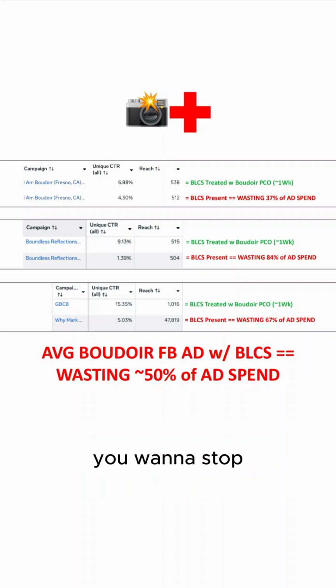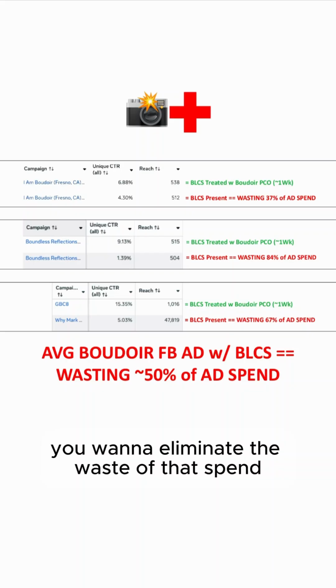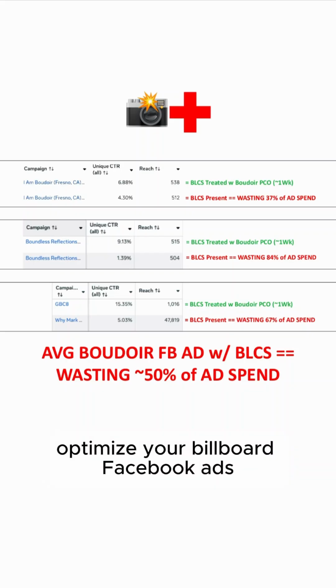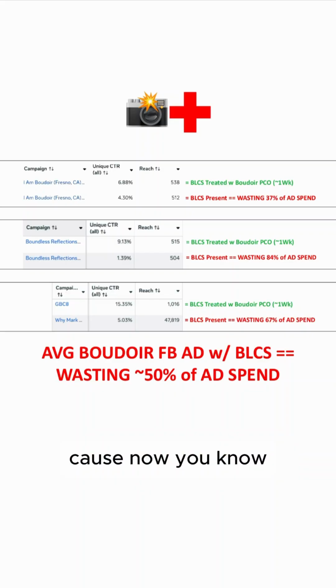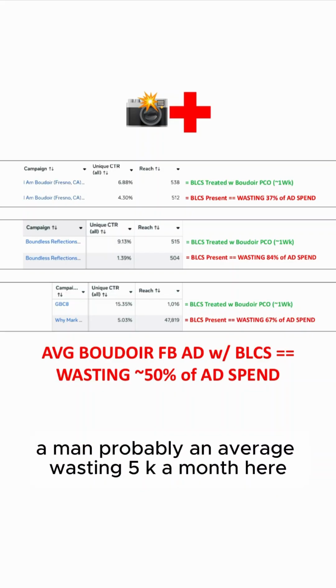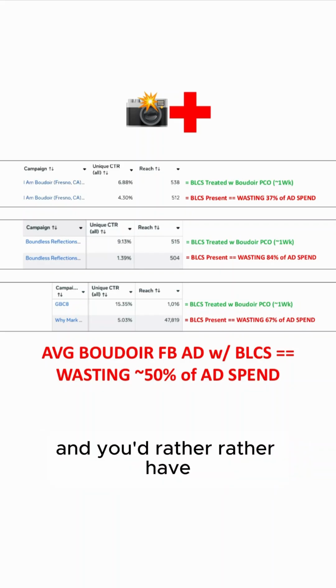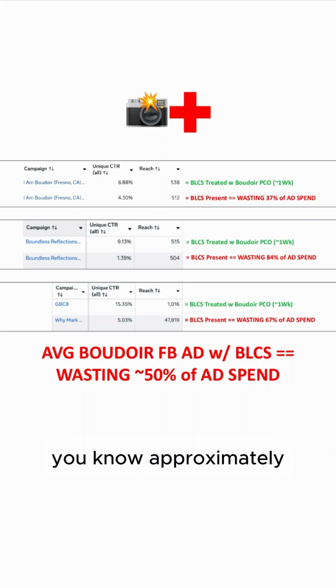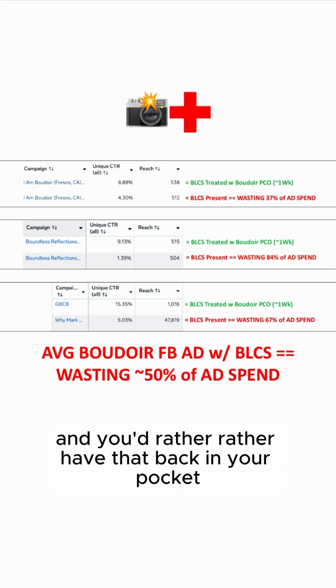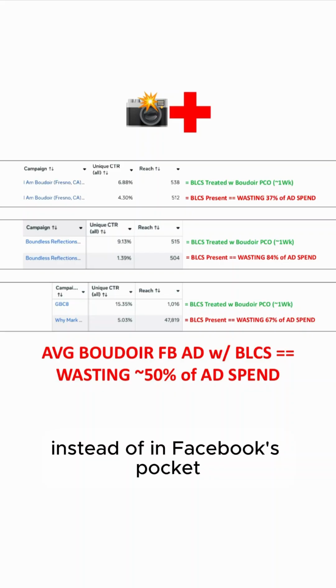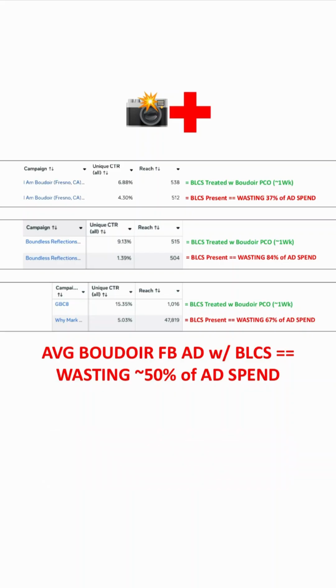You want to eliminate the wasted ad spend, optimize your Boudoir Facebook ads, because now you know, man, you're probably, on average, wasting 5K a month here, 60 grand over the next year, and you'd rather have that back in your pocket instead of in Facebook's pocket.